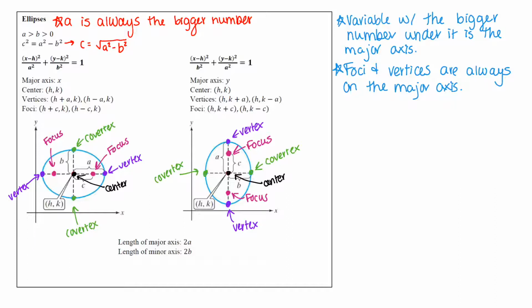So the formula has it written as C squared equals A squared minus B squared, but since C has to be a positive value, it's easier to just kind of solve for C there. So I'm just going to leave that there. All right, so down to our pictures.